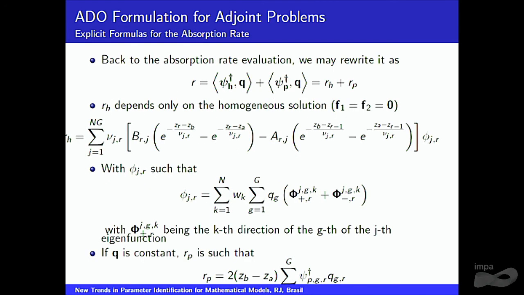Again, we developed a solution for that vector problem, which is analytical in terms of the spatial variable. And we rewrite the absorption rate in terms of the solutions we got. And as I mentioned before, we evaluate these inner products, and the dependence on the basis functions, in an analytical way as much as possible.